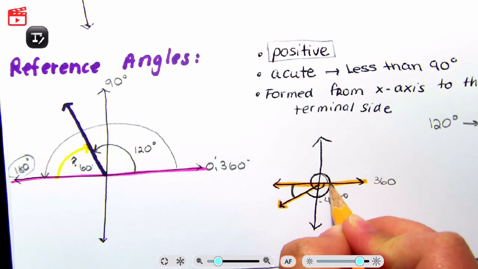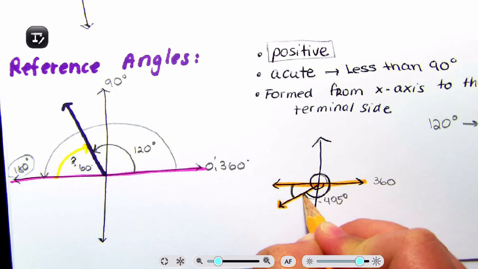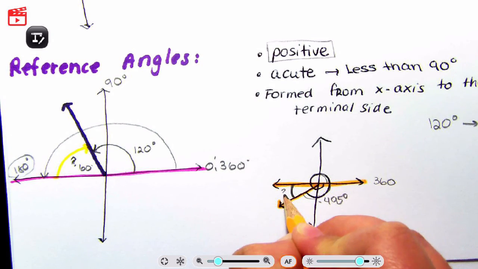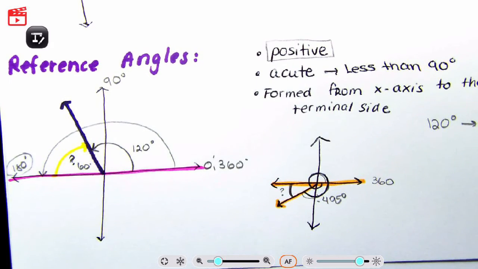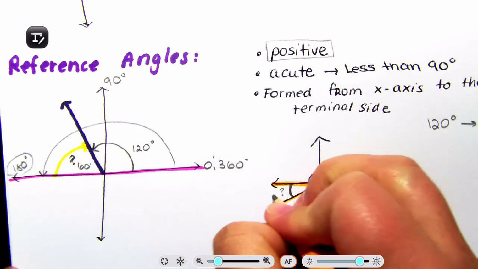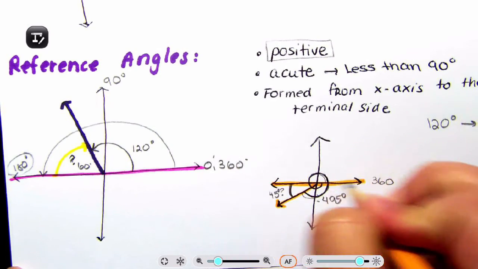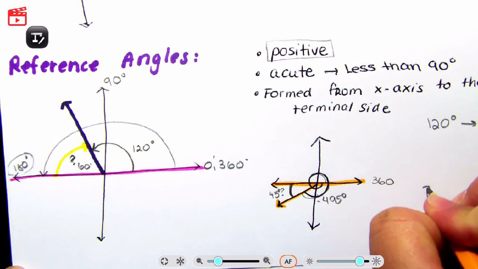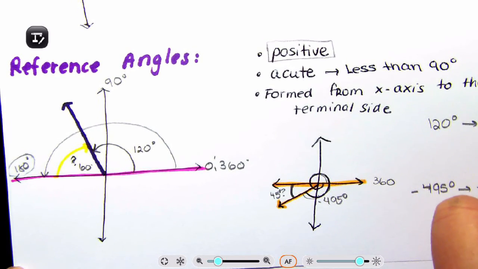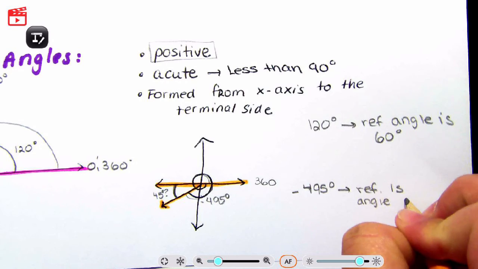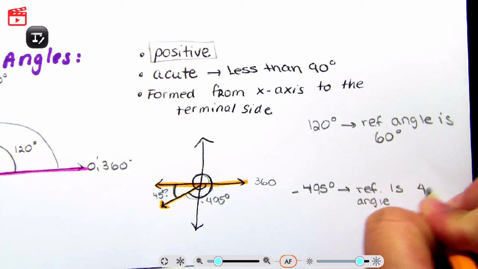From here to here, I have gone 135 more degrees. So what is this angle measure to complete and get to the rest? In that case, that is 45. So the original angle is negative 495 degrees, and the reference angle is 45 degrees.